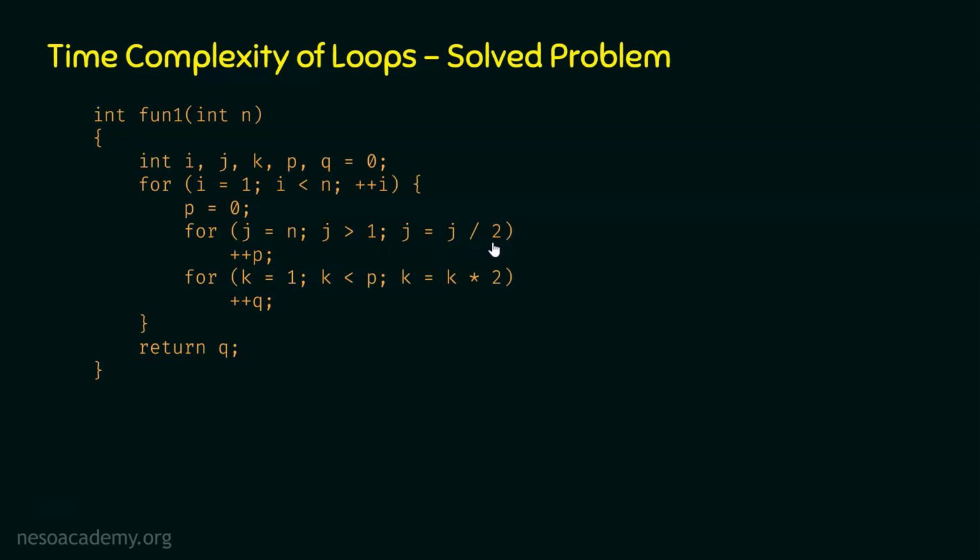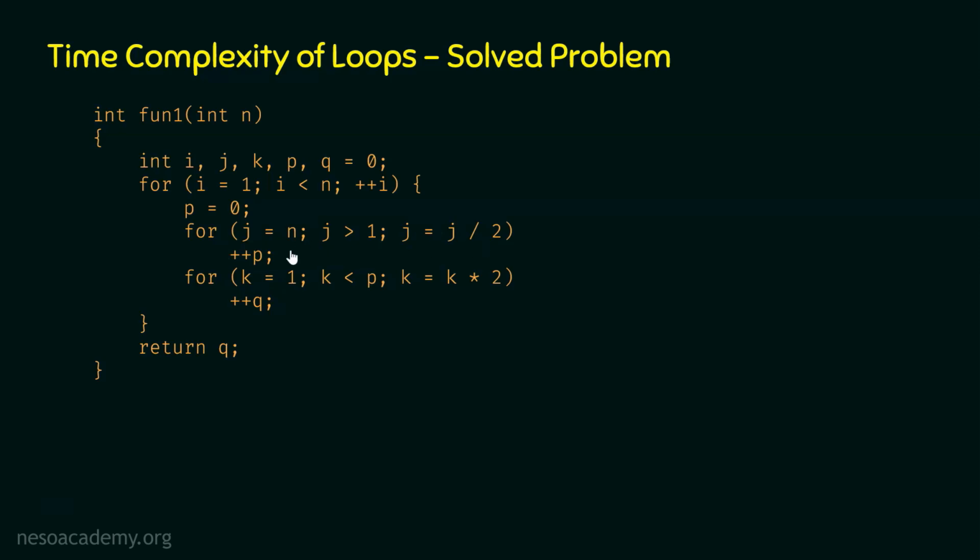The value of p is equal to the number of iterations of this for loop. Why? Here we have plus plus p, which is equivalent to p equal to p plus 1. This means in each iteration of this for loop, p is updated to p plus 1. This means 1 is added to p every time when this loop runs.